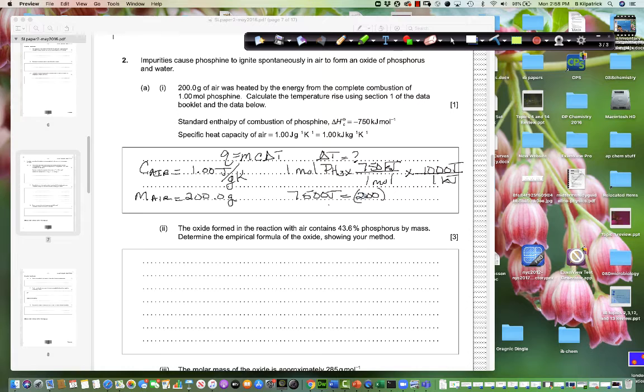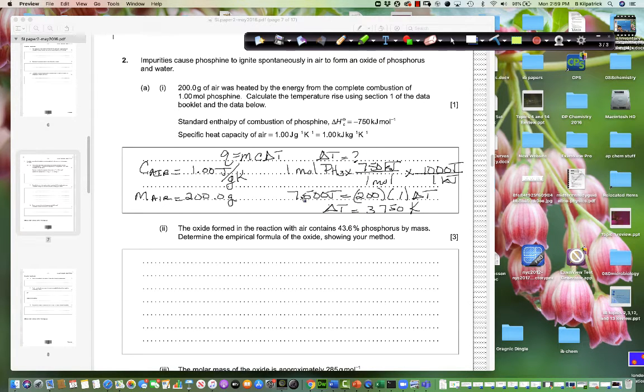You could have converted the 200 grams to kilograms as well, but you do have to convert one of them. c is going to be 1, and delta T is what you're looking for. When you solve for delta T, you're going to get 3,750. Now be careful here because the heat of combustion is negative. However, the phosphine releases heat as it's being burned, and the air was being heated up, so the heat, the Q for this, should be positive. So it cannot be a negative temperature change here.